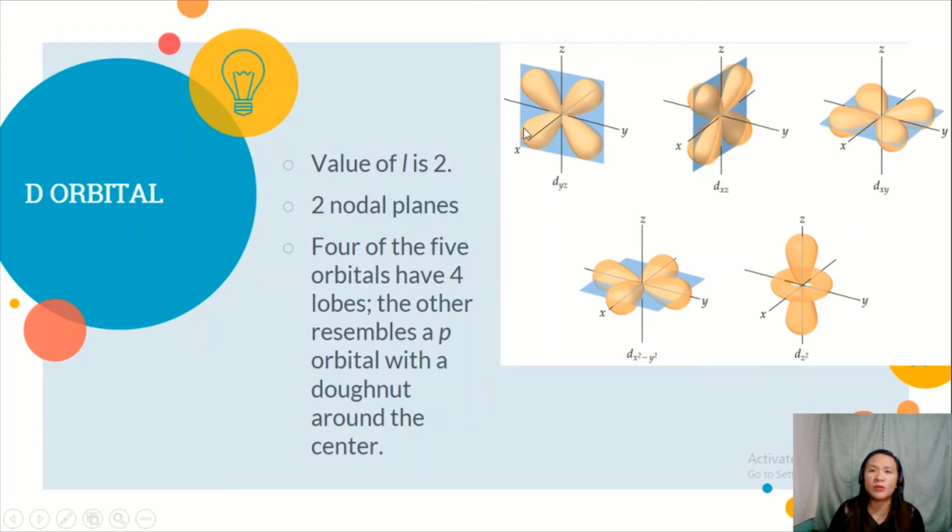So we have 1, 2, 3, 4. However, the fifth d orbital looks like a p orbital, and then we put a donut around the center. Okay, so this is how the fifth d orbital would look like.